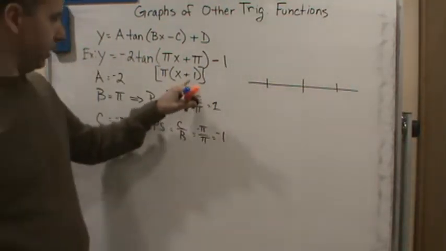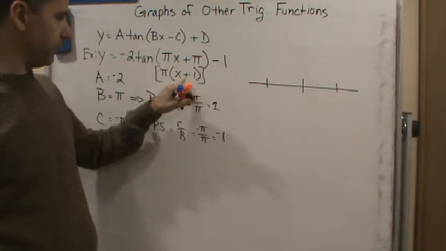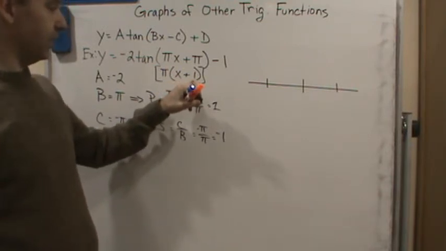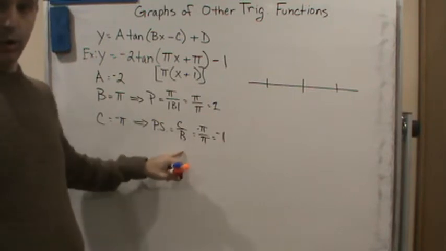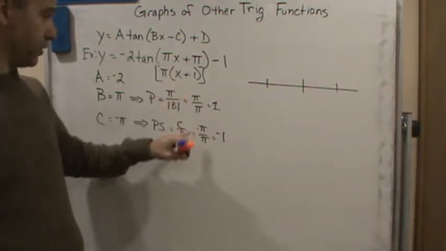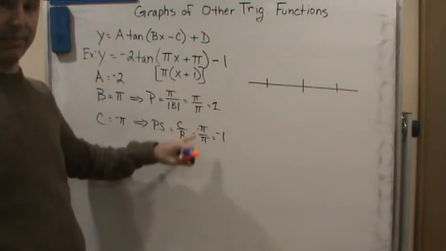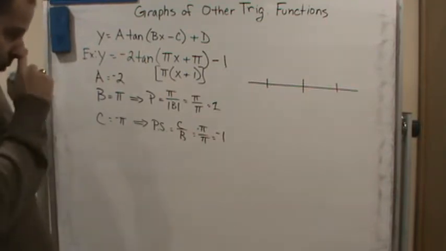Here you're adding 1 to x, which means you're going to move to the left 1 unit. So the phase shift, -1, is 1 unit to the left. These should always tell you the same thing. So we're going to move 1 unit to the left.